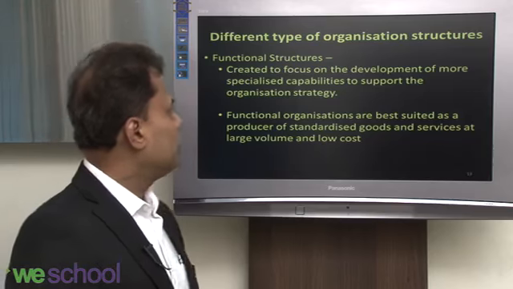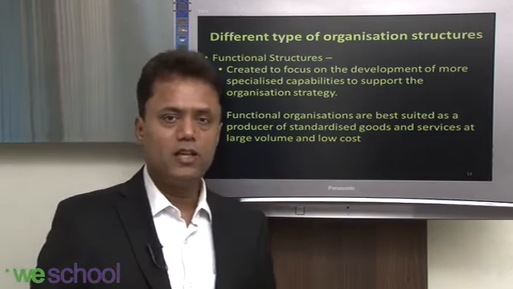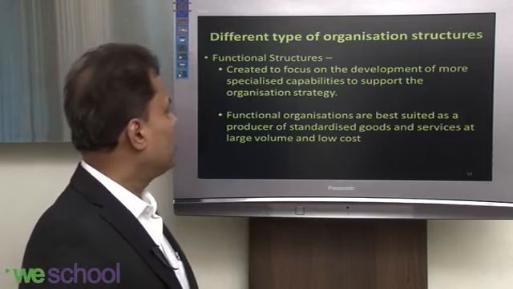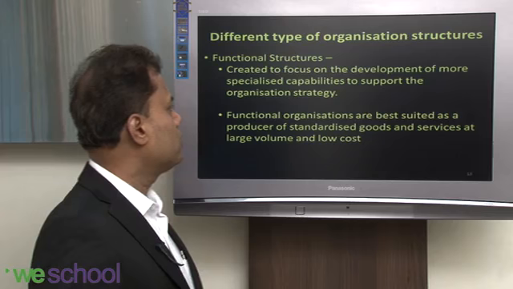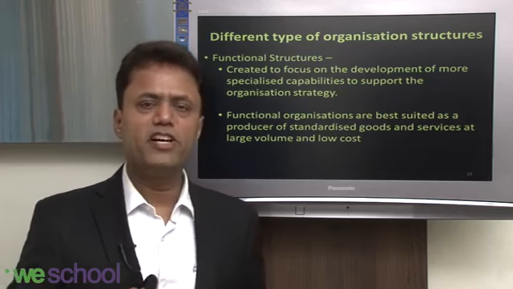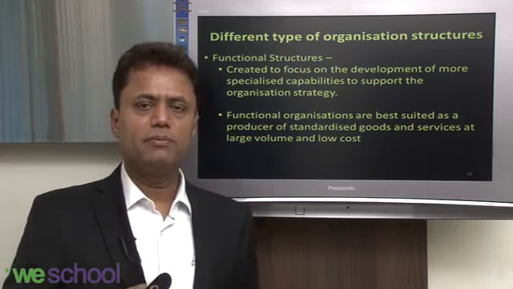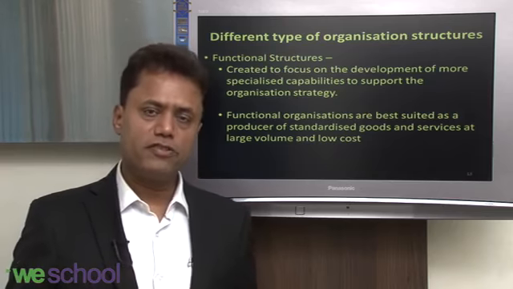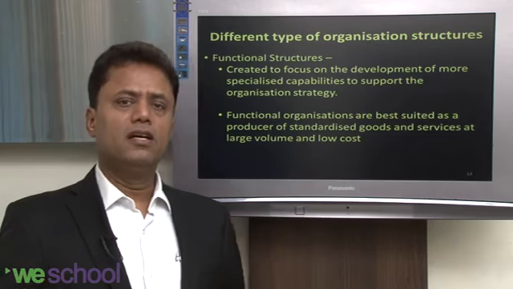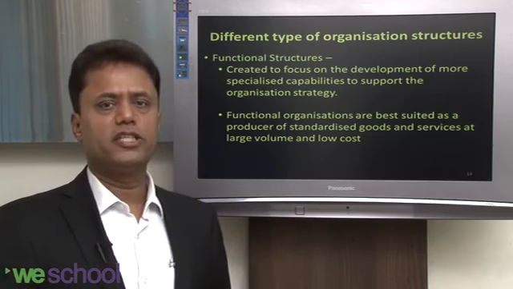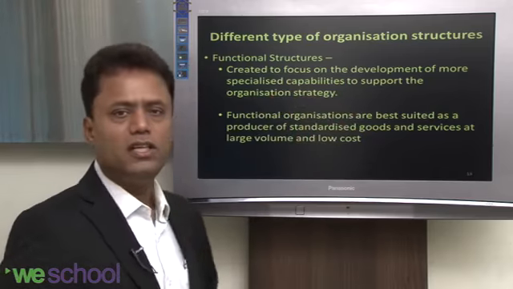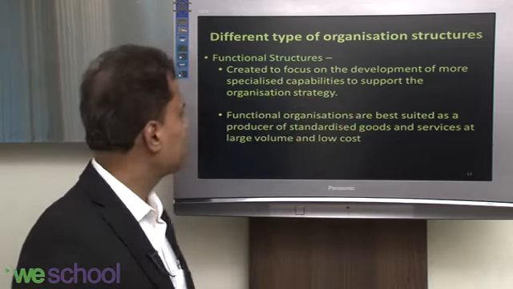So let's talk about a functional structure. You've seen hierarchical structure. Now let's talk about functional structure. Here, the org structure is created to focus on the development of more specialized functional capabilities. The functional capabilities like sales and marketing, the finance function, HR function, supply chain function, IT function, product function, and different specialized capabilities to support the org strategy.